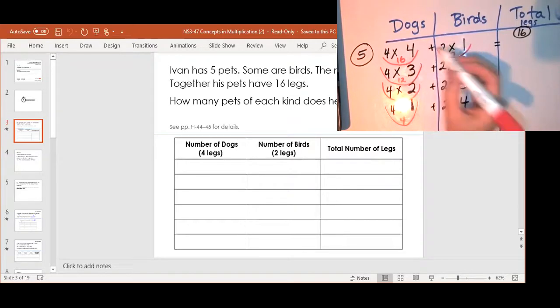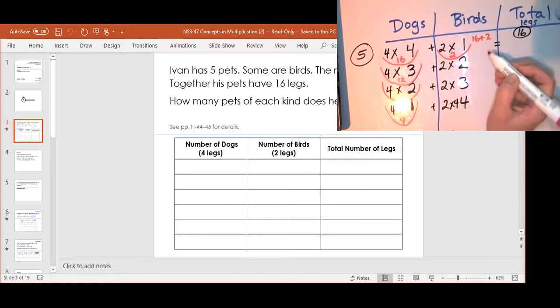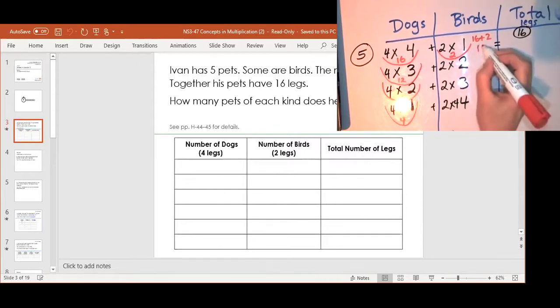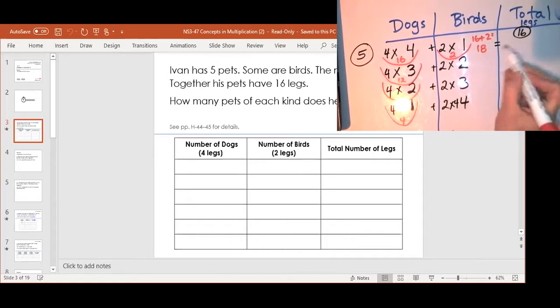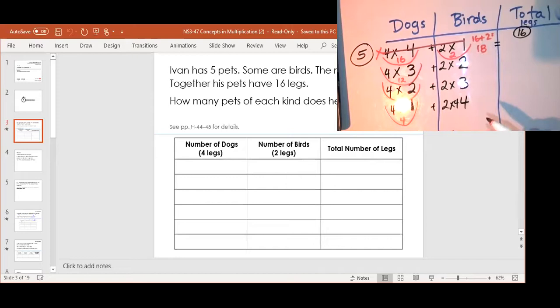And 16, I'll just put over here, 16 plus 2 is what? That's 18. 16 plus 2 is 18, and 18 is too big. We need 16 legs, so it's not this one. So I'm just going to put a big X. Maybe draw a line through that. Can't be that. Can't have 4 dogs and 1 bird.